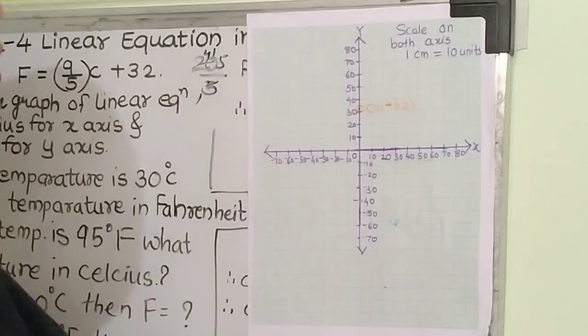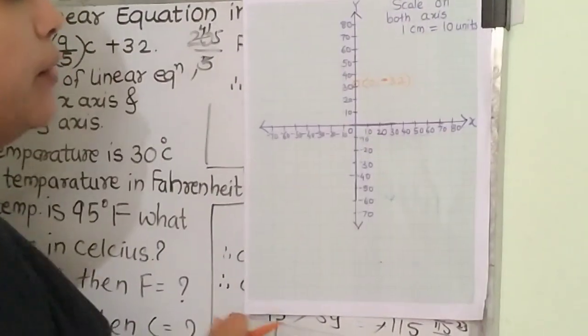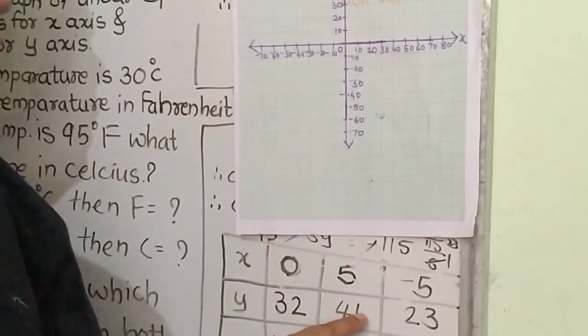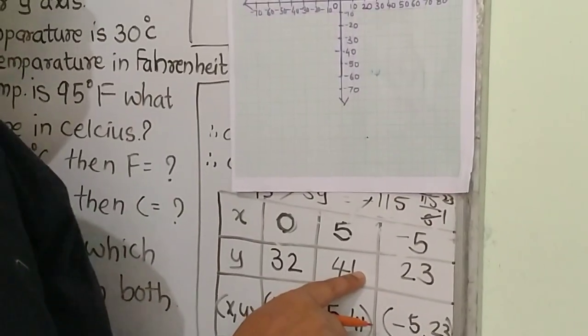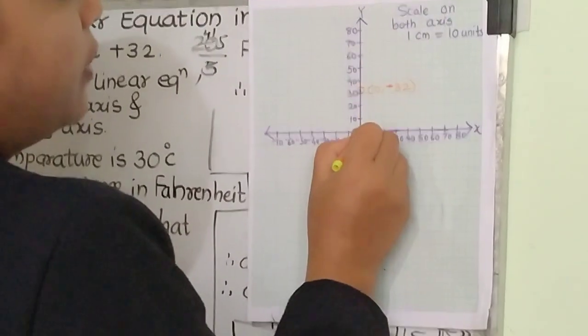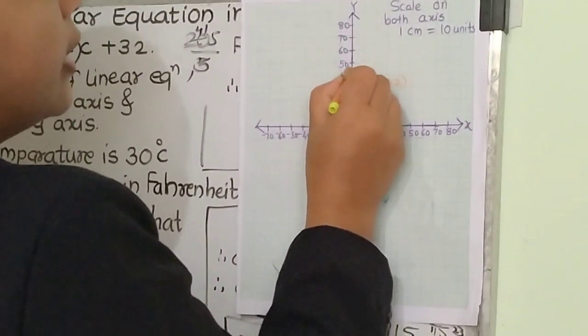The second point is 5 comma 41. So 5 from the x axis and 41 from the y axis. So here after 5 lines, and 40 after 1 line.